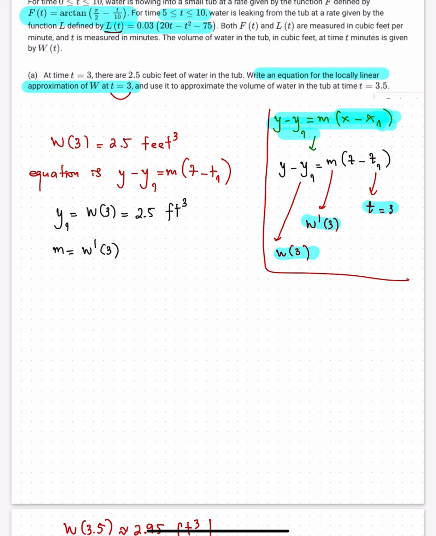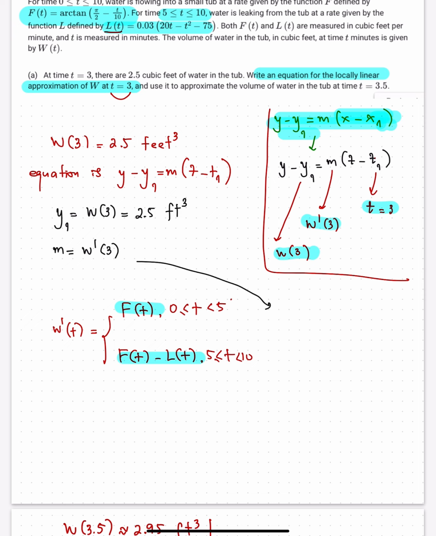In order to find w prime of 3, you have to know about w prime of t at first. Because we have two pieces of w prime of t, the first and the second one, but here they want to find w prime of 3, so you have to understand this first. We have w prime of t.